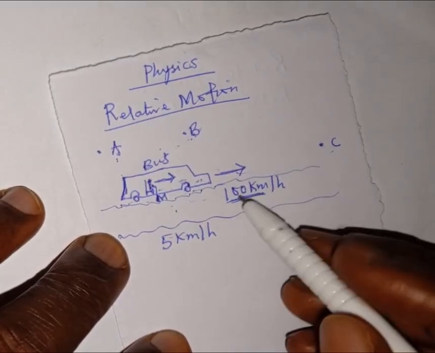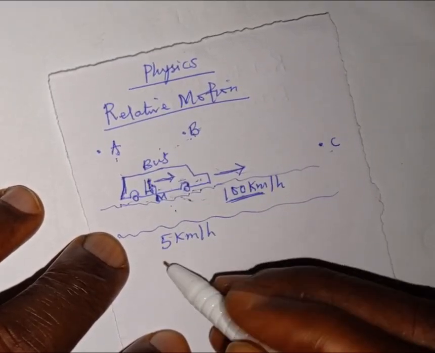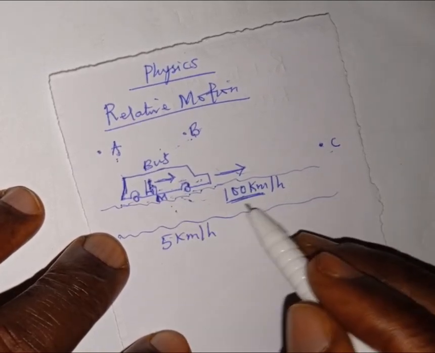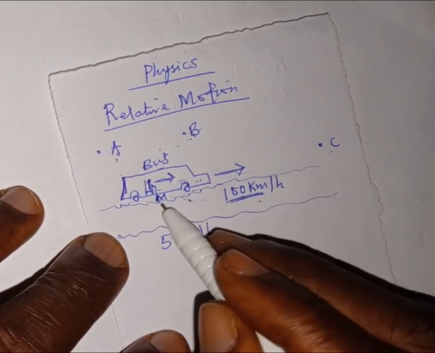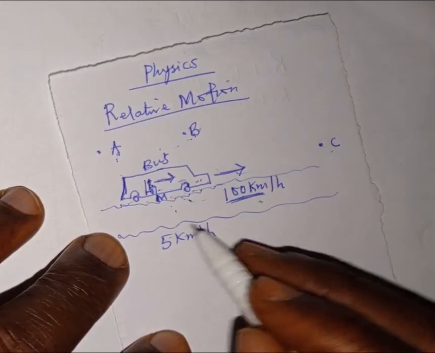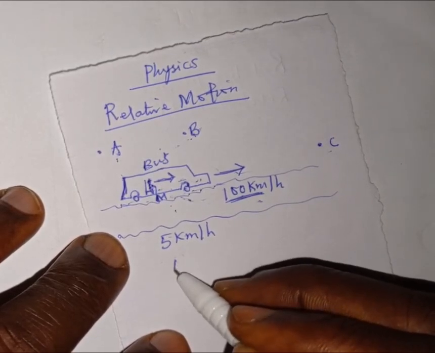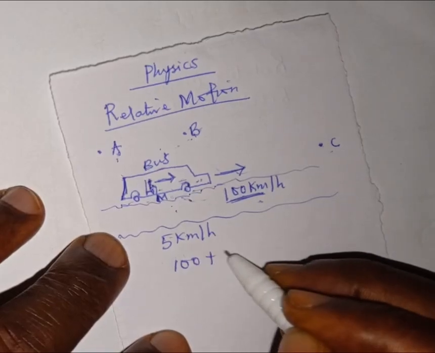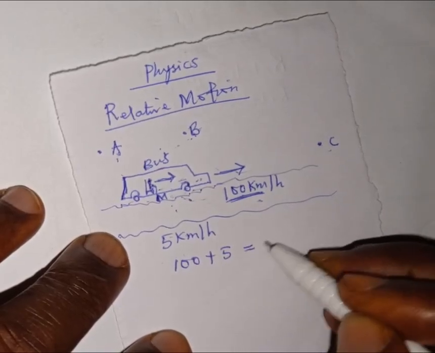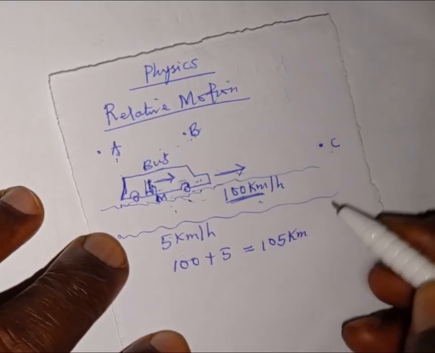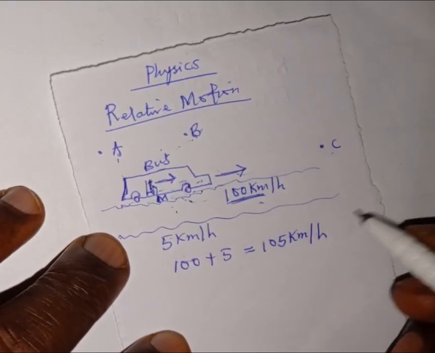So we say both of them are moving towards the same direction relative to the earth, or relative to the ground. We'll say both of them are moving at 100 plus 5, which is 105 kilometers per hour.